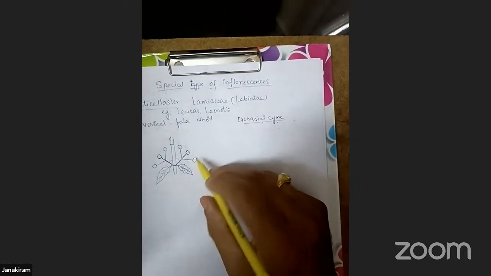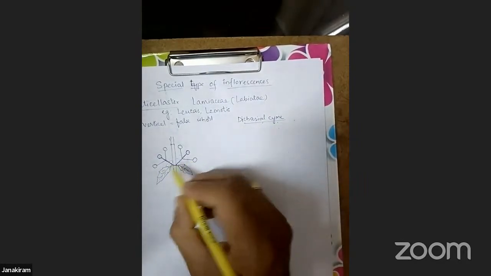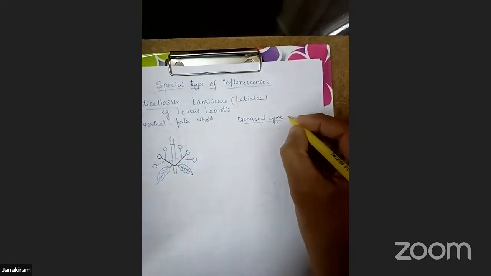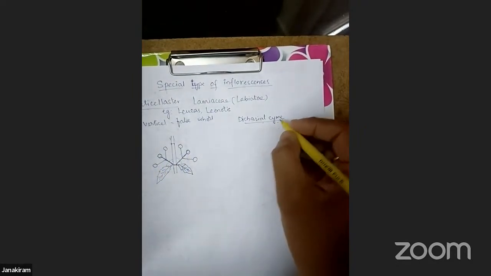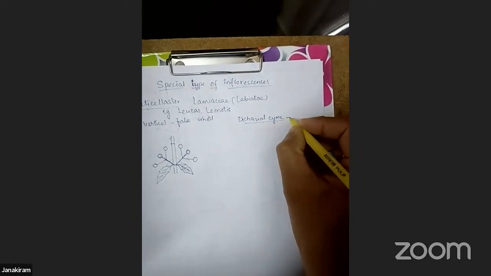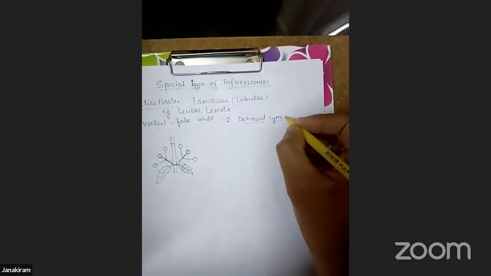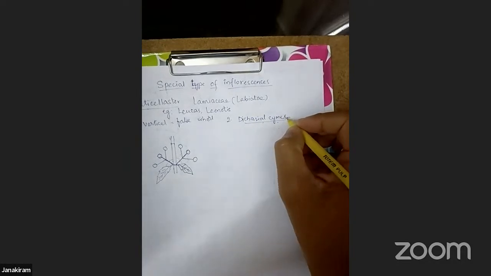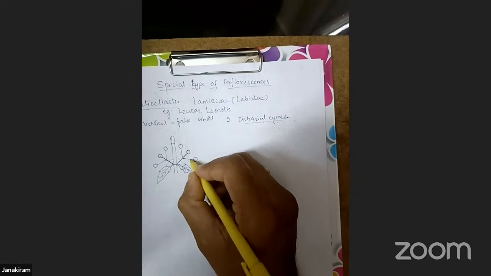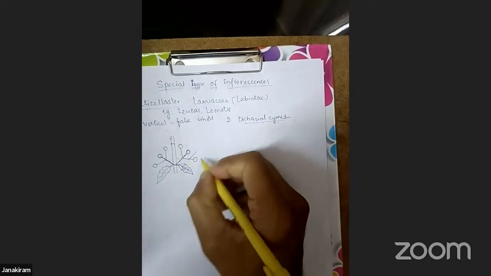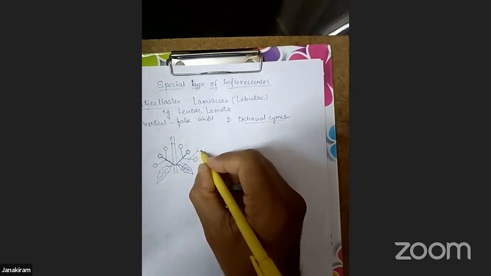So here, how many dichasial cymes are there? This is one dichasial cyme, this is another dichasial cyme. So initially the growth is showing in a dichasial manner. So a total of 2 dichasial cymes are seen, and later from the base of this flower only 1 branch will arise at a time, and this branch will end with 1 flower.